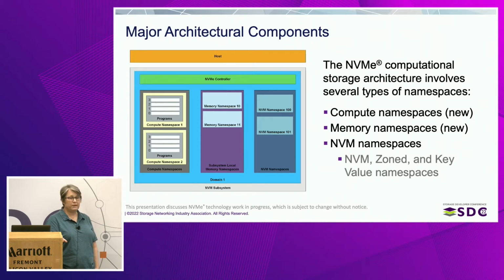We have memory namespaces to allow us to address and understand memory that is on the device. These things all work together. A program on a compute namespace operates on memory in 1 or more memory namespaces. I'll go into some more of this.